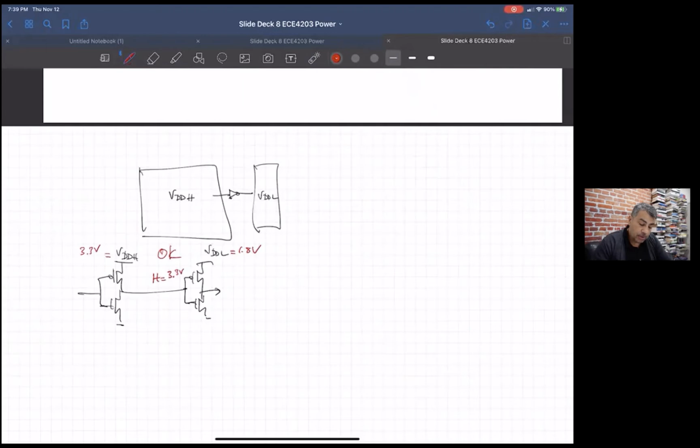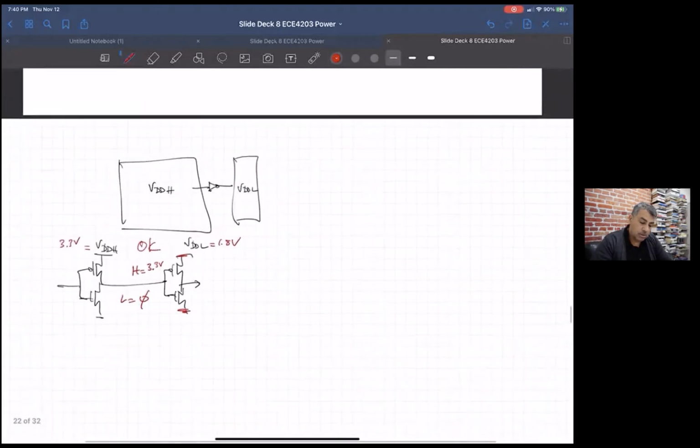Well, it's going to turn on the NMOS for sure. And it's going to turn off the PMOS, because the gate of the PMOS is now even higher than its source, so it's really going to be off. So that's good. And the lowest voltage is 0, in which case the NMOS is off, and the PMOS has a gate-source of 1.8 volts, and it's on. So everything works here.